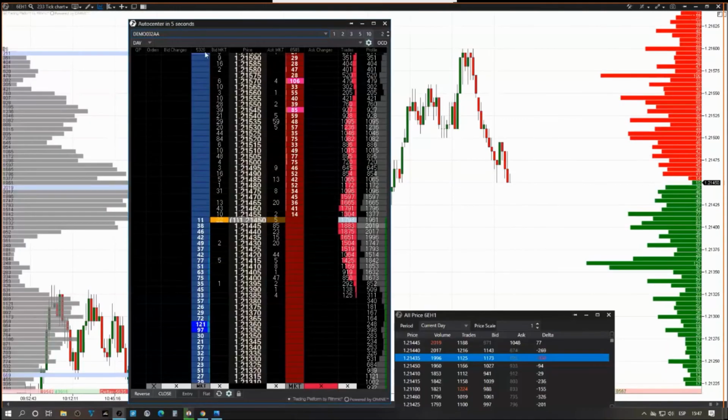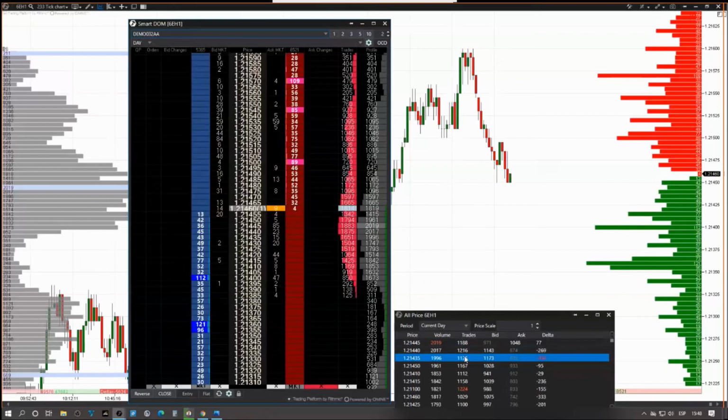The blue column is the bid column. The red column is the ask column. What does this mean? These numbers here are pending orders on the bid side. They are buying. They are pending orders to buy. So what happens if you take all the buying orders that are pending here?